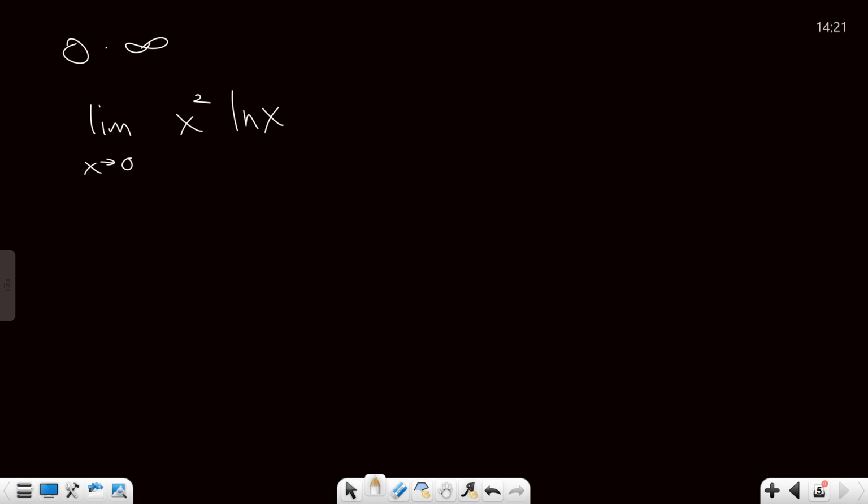Gabrielle, you're saying it's infinity. What does your calculator say when you type in the natural log of 0? Error. Okay, so now graph the natural log of x.